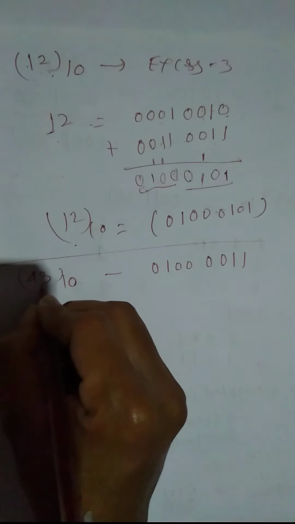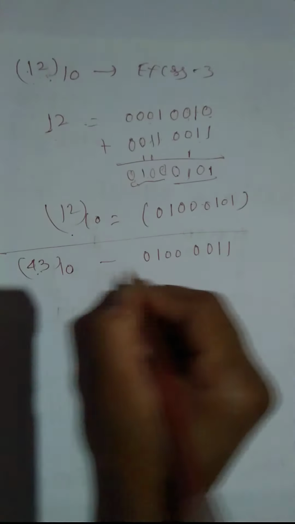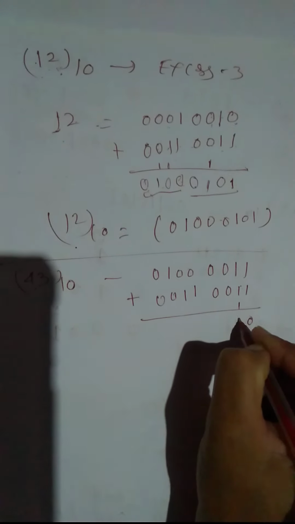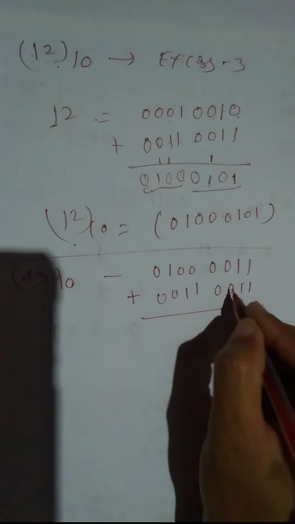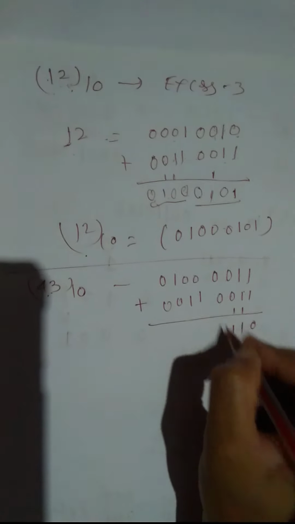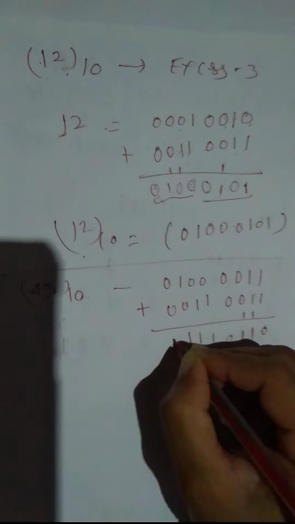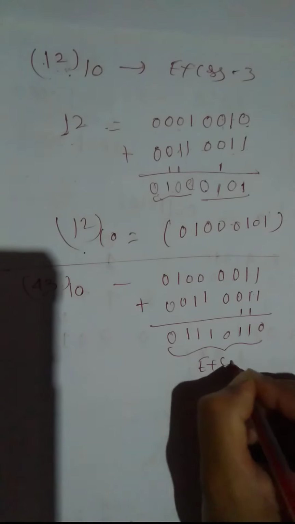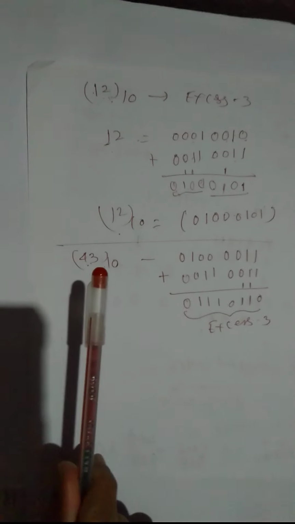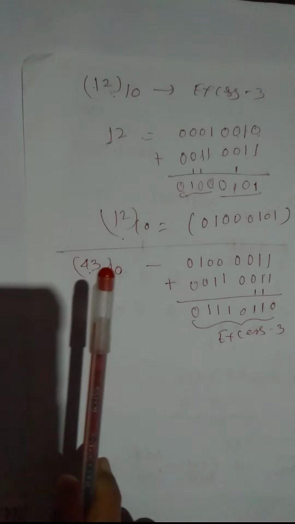This is the 8421 code for 43, and to this we add 0011 to each digit to obtain the XS3. 0100 plus 0011 gives 0111, and 0011 plus 0011 gives 0110. This is the XS3 for the number 43. This is a non-weighted code, where no positional weight is assigned.